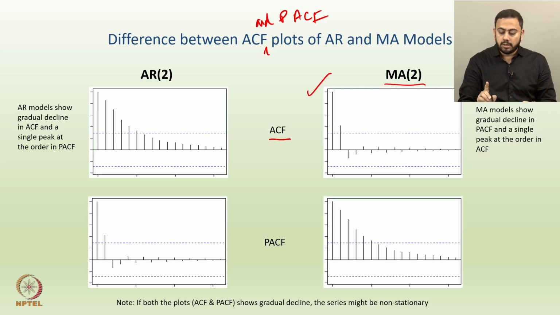By the way, you should remember that the x axis on each of these 4 plots shows you the lag, and this is true for any of these plots. On the y axis you have either the autocorrelation or the partial autocorrelation being plotted.